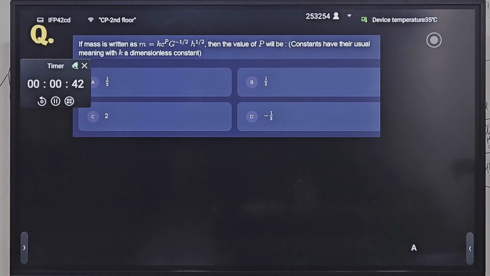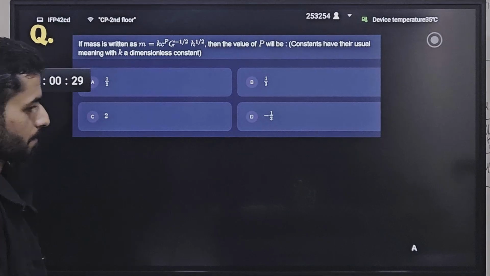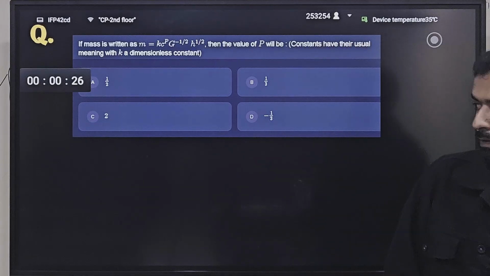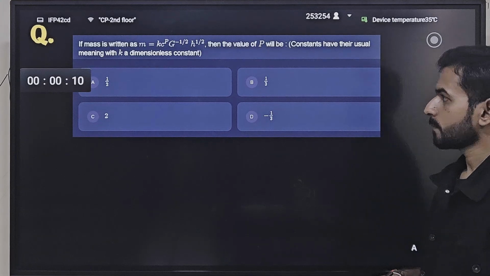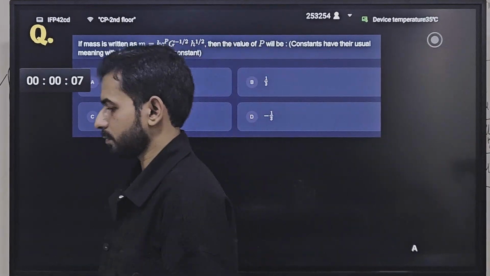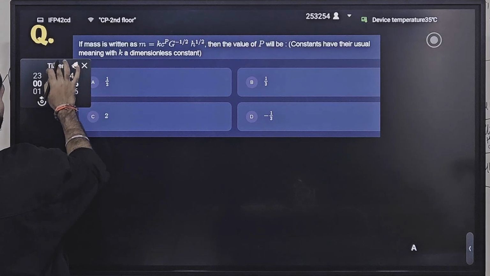Which option is correct? Let's see how to solve this question. I know that you have the answer.